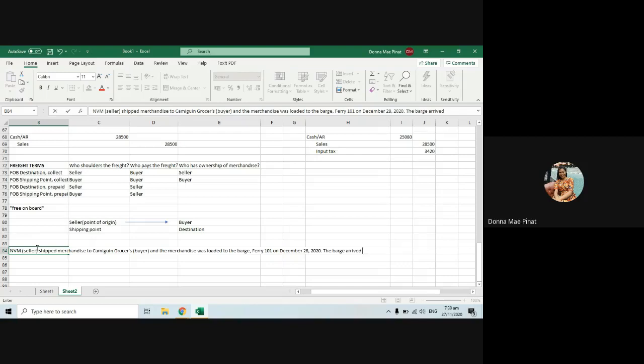So, the barge, bisag dulo kay Camiguin ba? So, the barge arrived at the port of Camiguin on December 31, 2020.